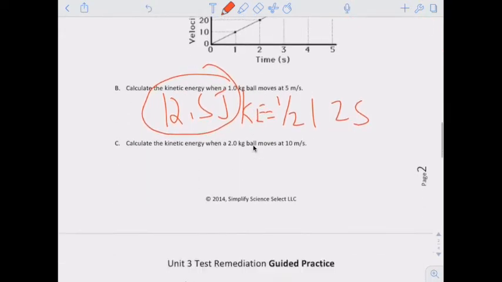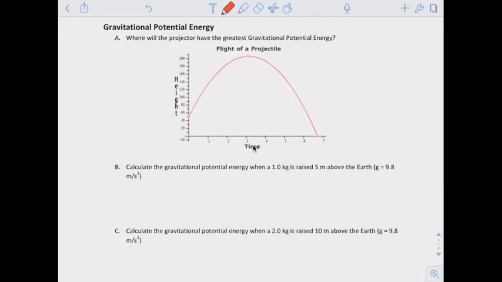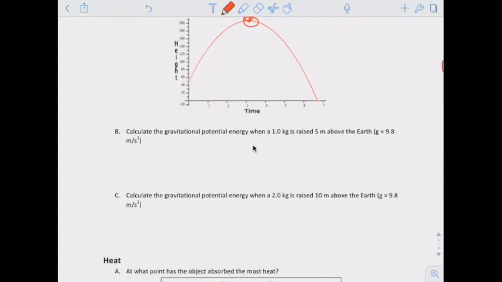Try that one out. When looking at gravitational potential energy, it says where will the projectile have the greatest gravitational potential energy? It's at its highest peak, because gravitational potential energy is just our mass times gravity times height, so our height is the biggest there. It says calculate the gravitational potential energy when a 1 kilogram object is raised 5 meters above the Earth.